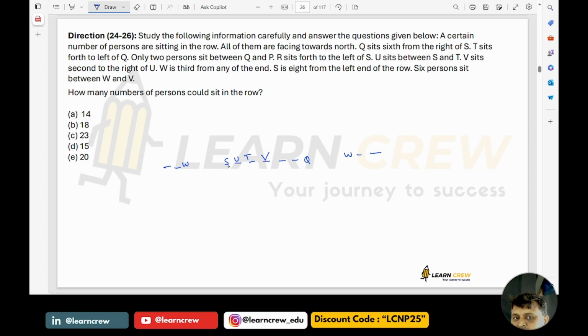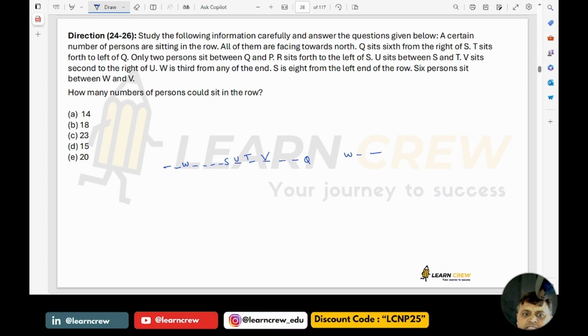If for example W is third, then 4, 5, 6, 7, and S is 8. S has to be 8th from the left hand. It is fixed.